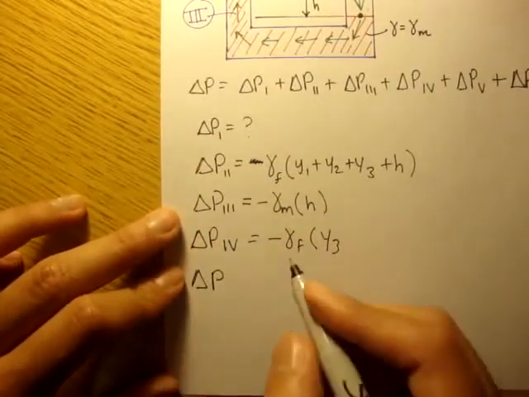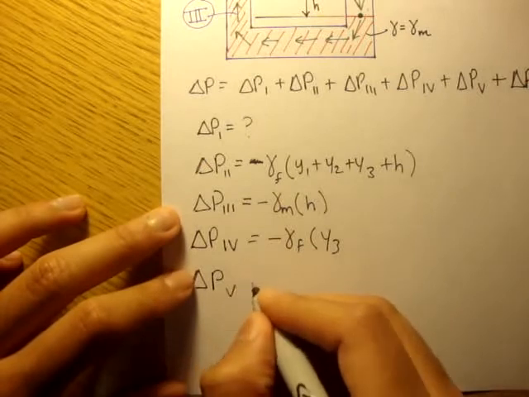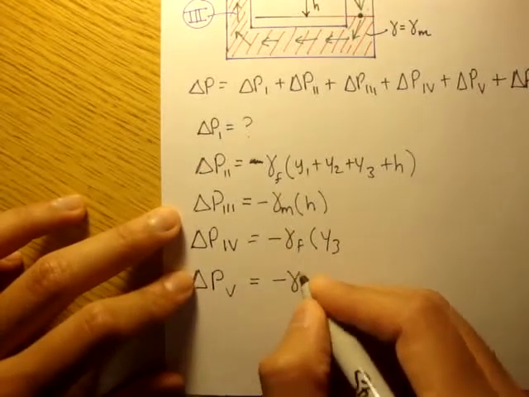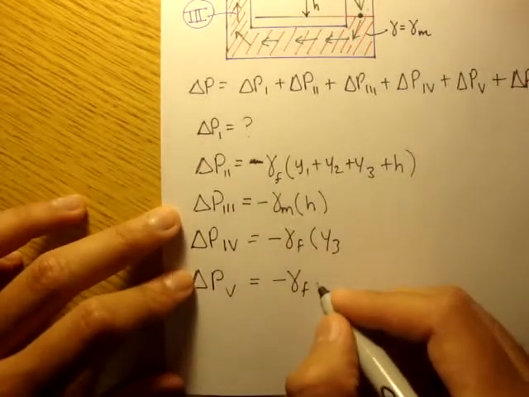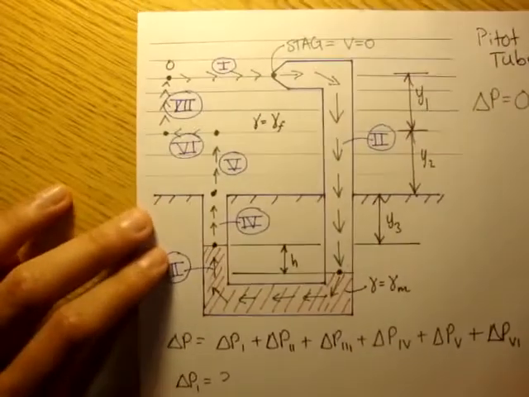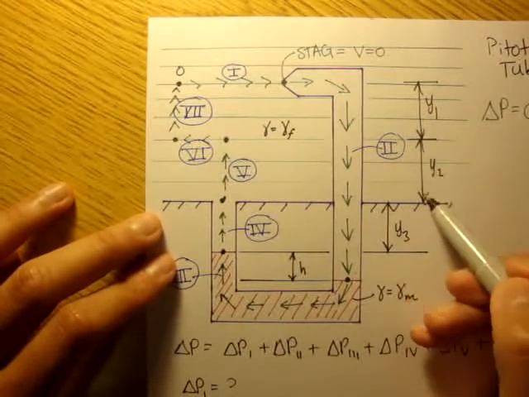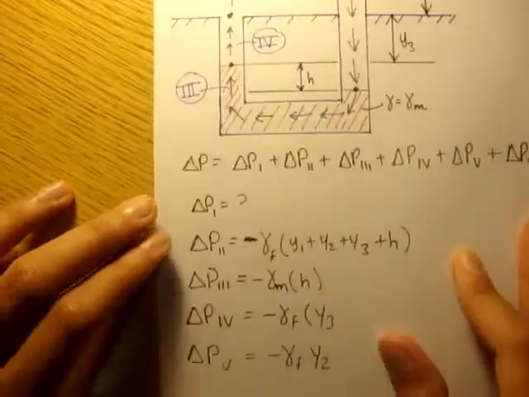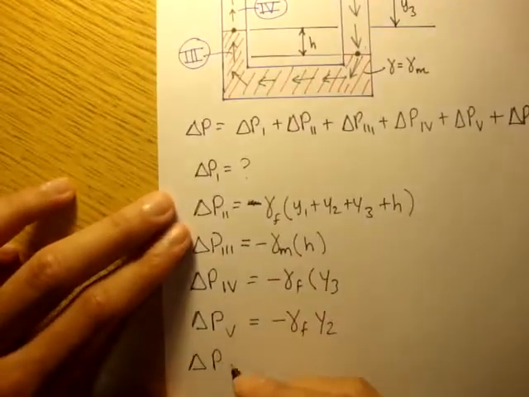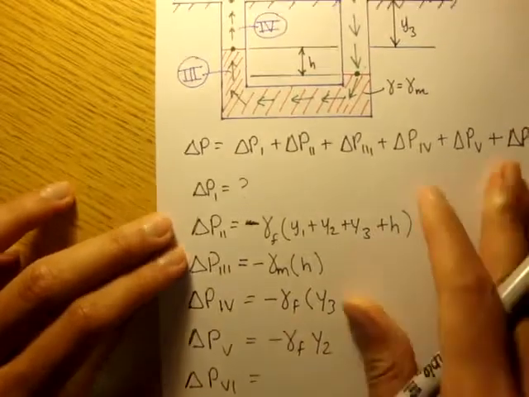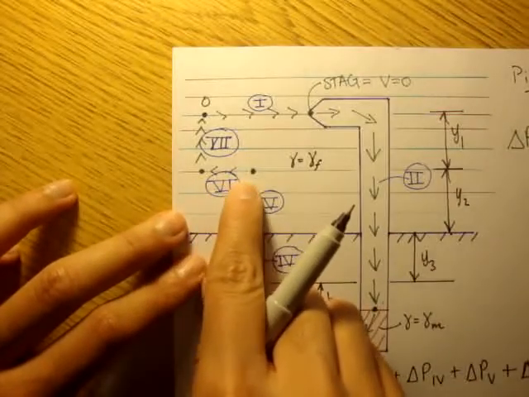Change in pressure of path 5 would be negative gamma F times y2. Here's 5, where we're going up, so it's negative. This is a distance of y2.